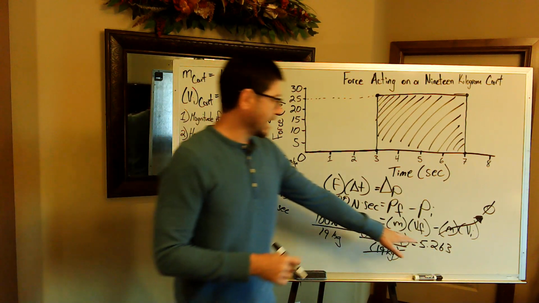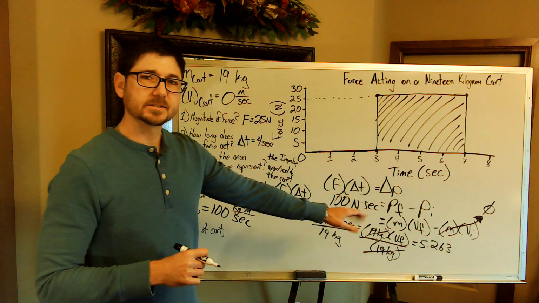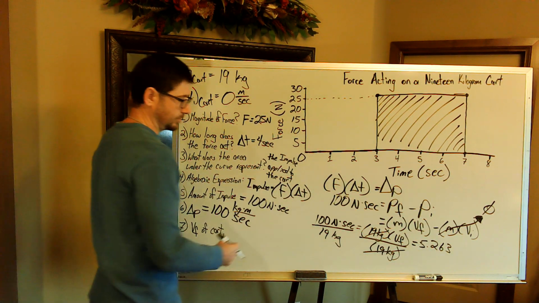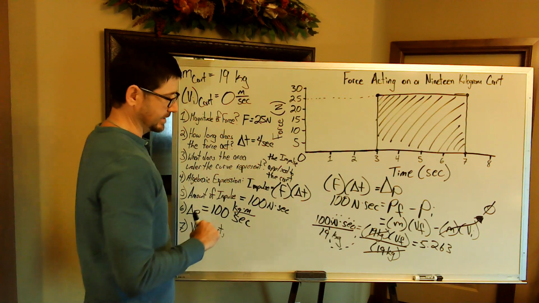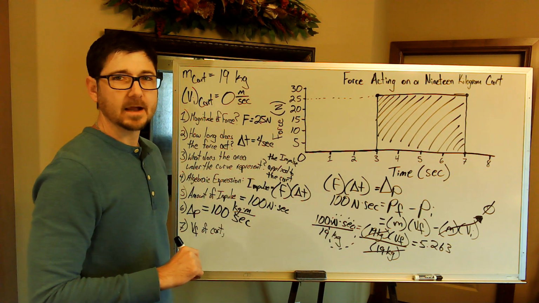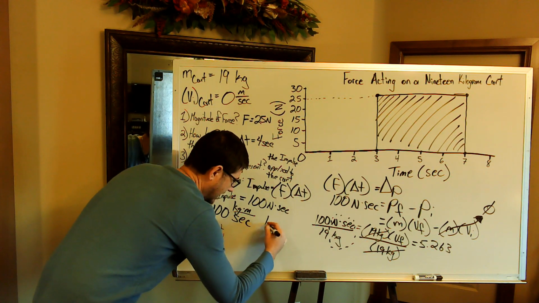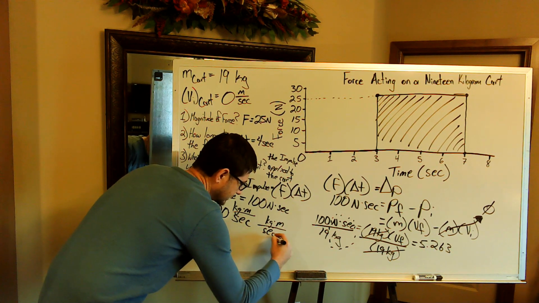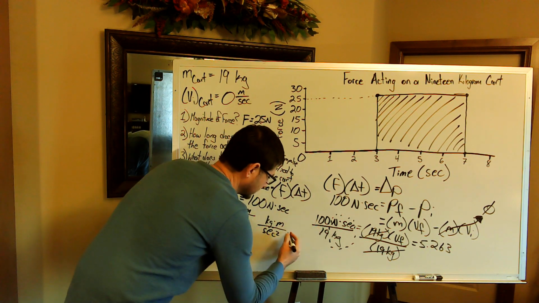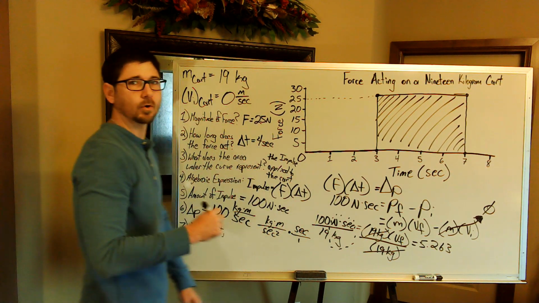Now, not only do we have to list our numerical value, we also have to list our unit value, and that's what I want to do here. So let's just focus on our units. Let's go ahead and break down a unit of Newton one more time. So I have a kilogram meter per second squared, and we're going to multiply this by seconds, which we can write as seconds over 1.